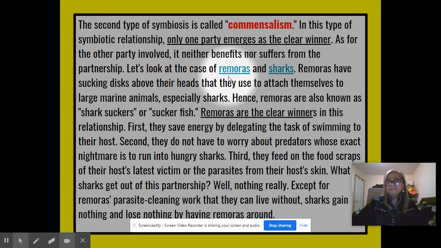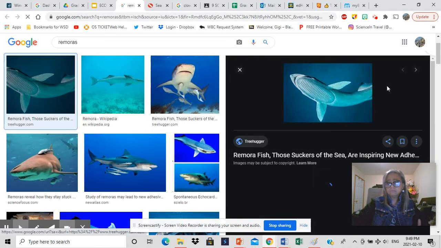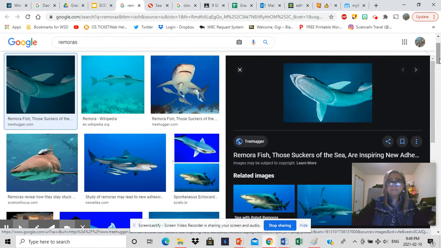Now, let's take the case of remoras and sharks. So, remoras, let's have an image of that in our mind. This would be the remora, and up close you get to see this underside of the fish, right?